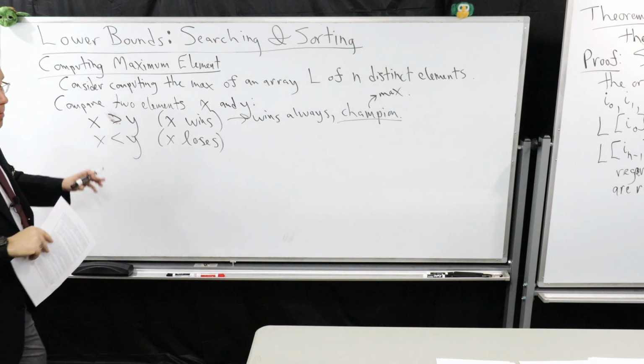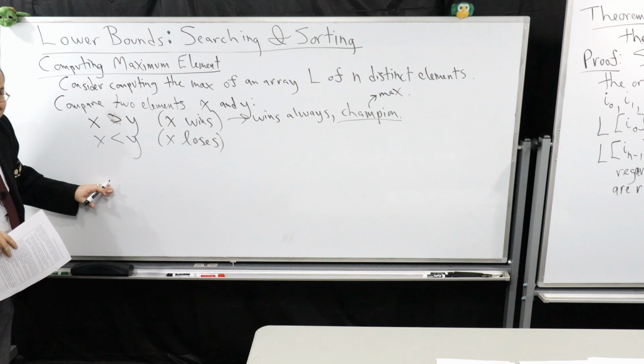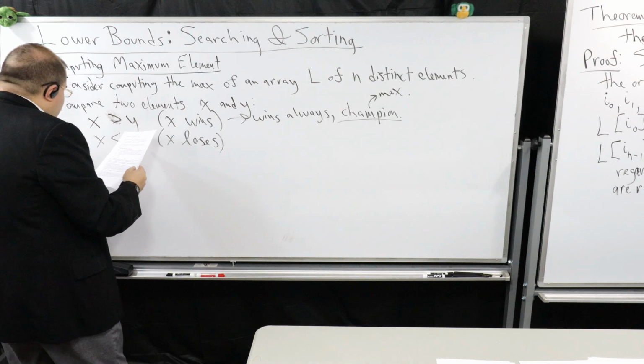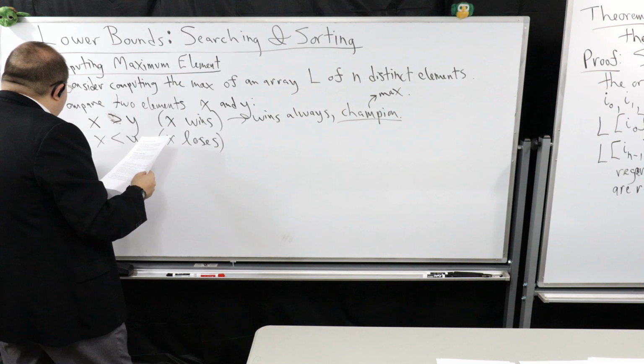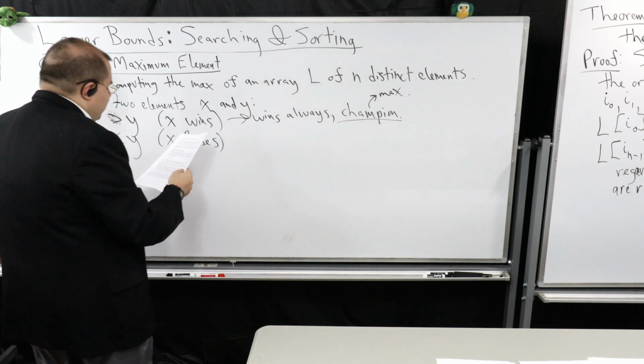So I'm going to write down the theorem here, and give you the gist of the flavor of it, but I'm not going to write out the proof because we're basically at the end of time here. You can take a look at the notes if you want to see the proof.